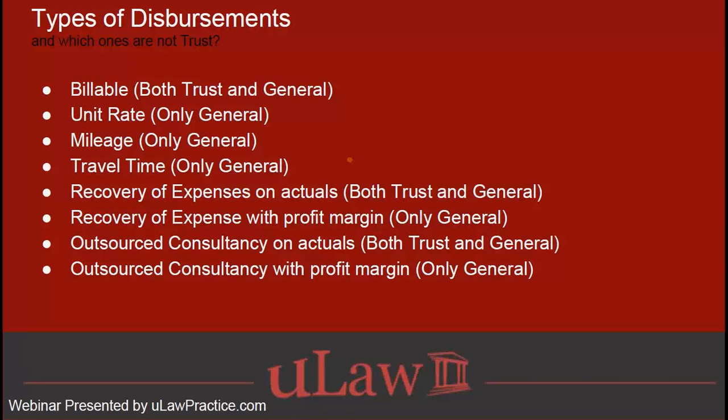But when you do expense it, again, you may have the opportunity, you may or may not, but if you do plan on charging your end client $175, so maybe a markup of $25, that's again done through your general account. So we're going to touch upon these different types, but some of the disbursement types are billable, unit rate, mileage, and travel time. Okay?